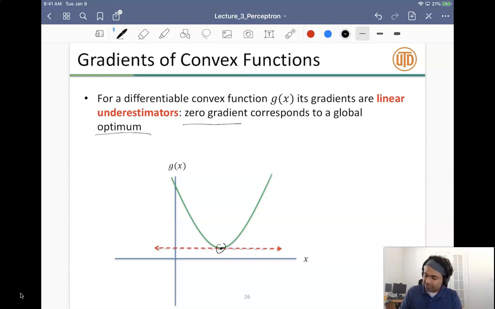So this point is the global optimum of the convex function. This is not the case with non-convex functions, but for convex functions, if the gradient is 0, it's the global optimum. In general, the point with 0 gradient is called a local optimum, but for convex functions, it is the same as the global optimum.